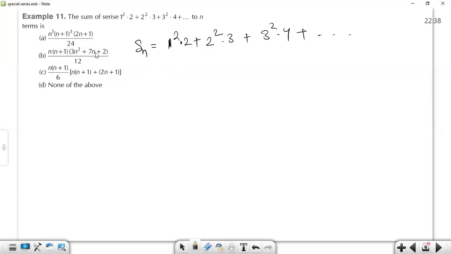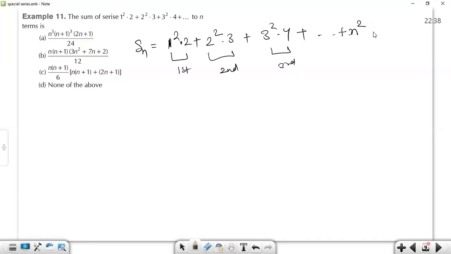So if we observe here, this is the first term, this is the second, this is the third, and similarly going on.